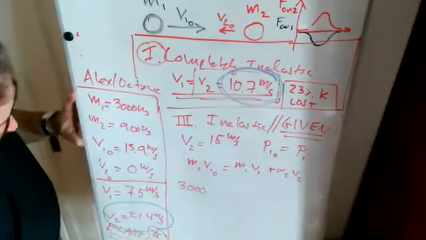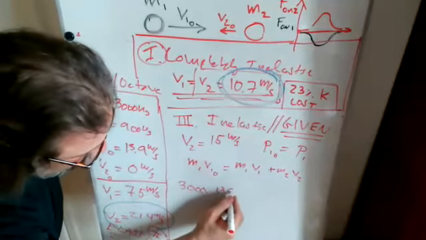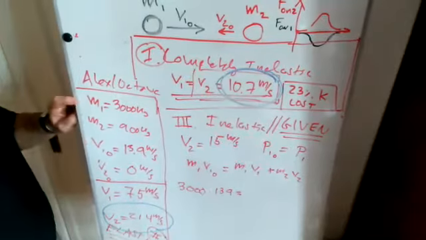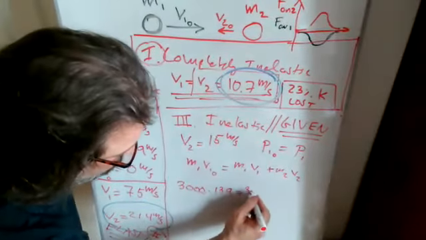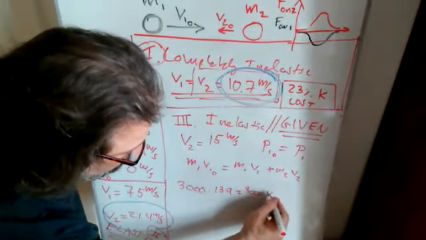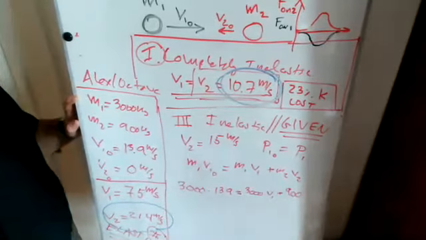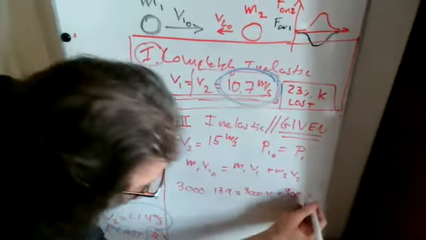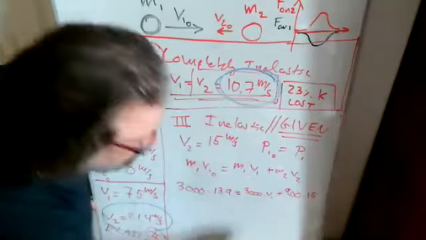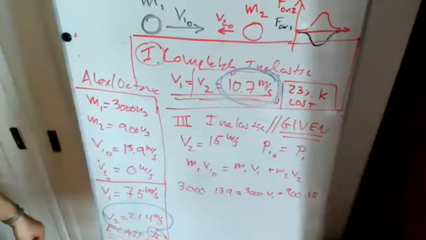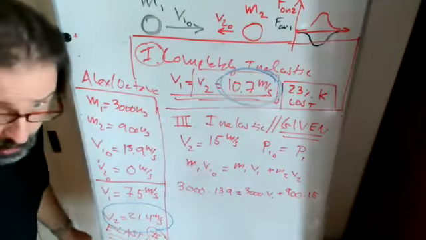We got V10, we got 13.9. Again, Americans don't need to write down units. M1 is 3,000. V1 is the value we'd like to know. Octave has a mass of 900, and afterwards he's traveling at 15 meters per second. So there we go. We can solve this for V1.